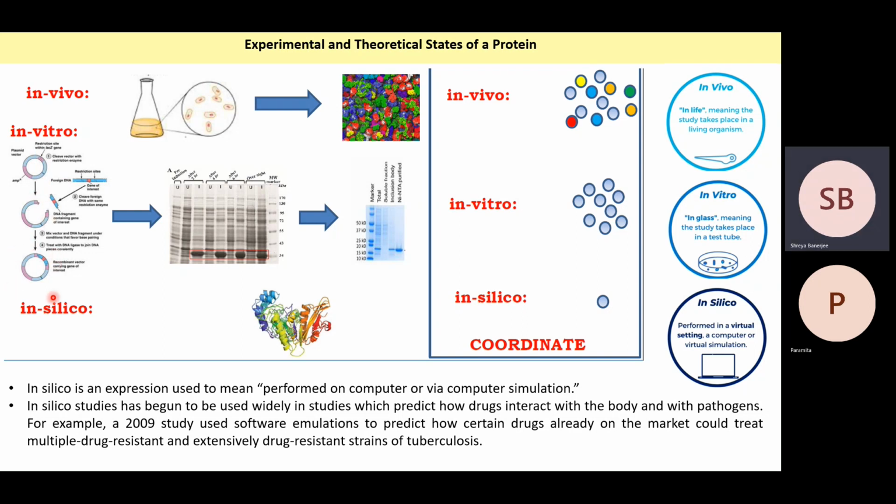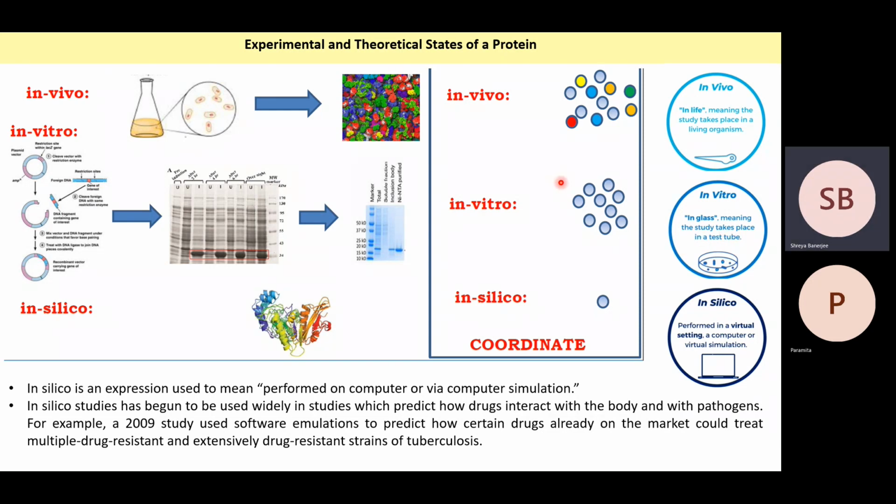And in this recombinant plasmid, it is allowed to multiply, and then the protein is isolated, and by gel electrophoresis, suppose this is our protein that is shown in red here. So using gel electrophoresis, that particular protein is cut out, and you are isolating only the protein you want to study. So that is in vitro, which basically means the study is taking place in a test tube.